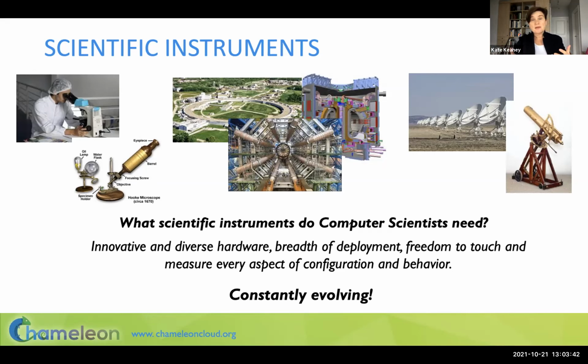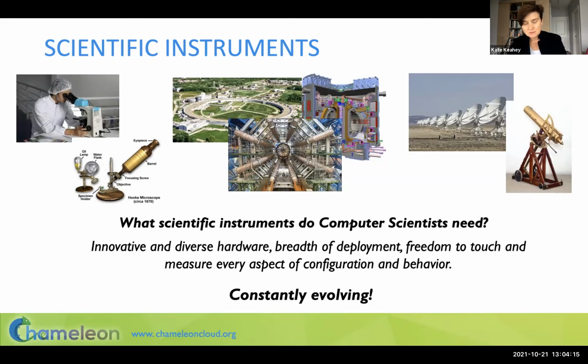This is also a very important aspect of every scientific instrument: it needs to evolve, because science evolves constantly. The telescope arrays of today are not the same as the telescope designed several centuries ago, and microscopes are also very different. An instrument is constantly evolving.